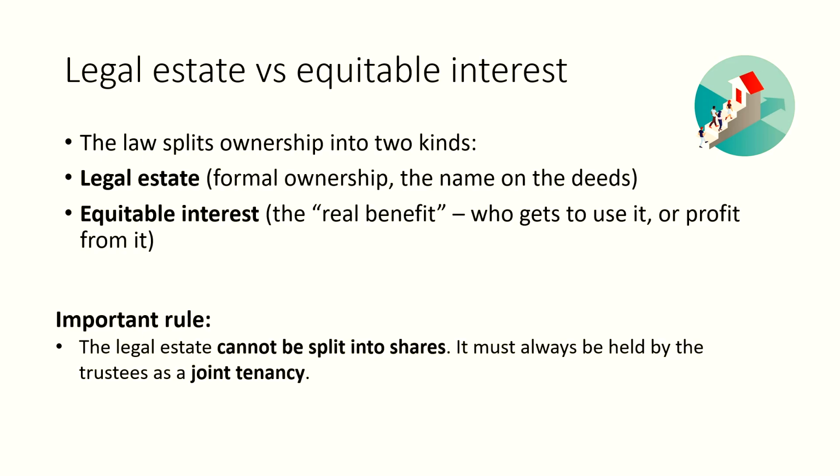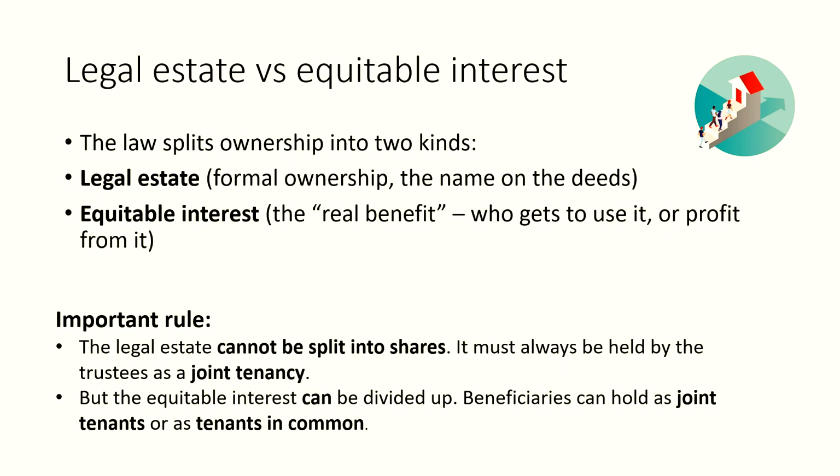Now, the legal estate cannot be split into shares. It must always be held by the trustees in something we call a joint tenancy. Okay, so even if there's more than one person, like a couple, who own the legal estate, that is always as one unit, okay? And that's the joint tenancy, one unit of ownership, basically.